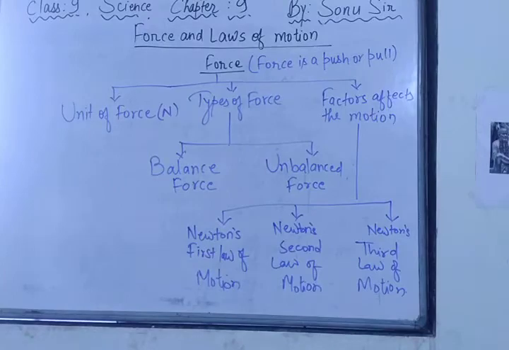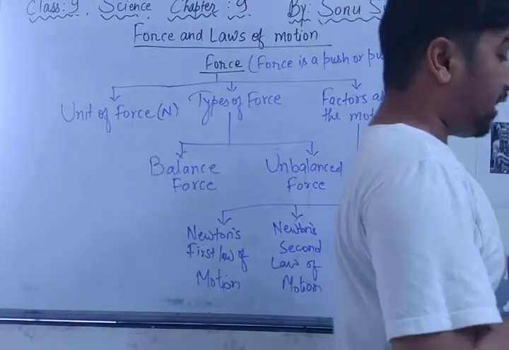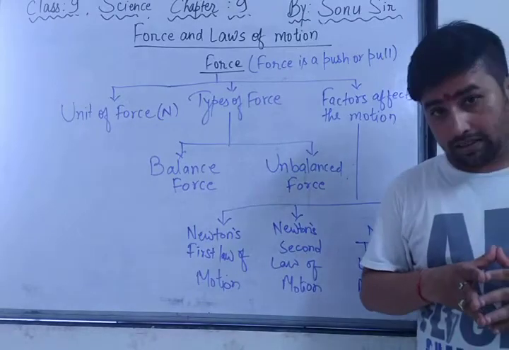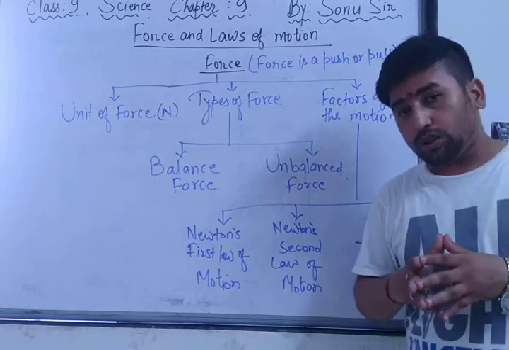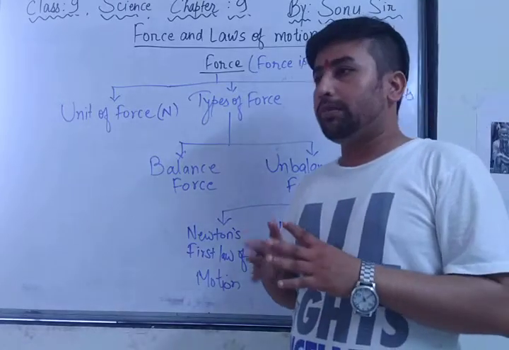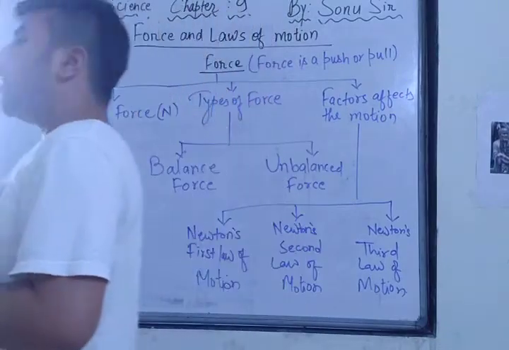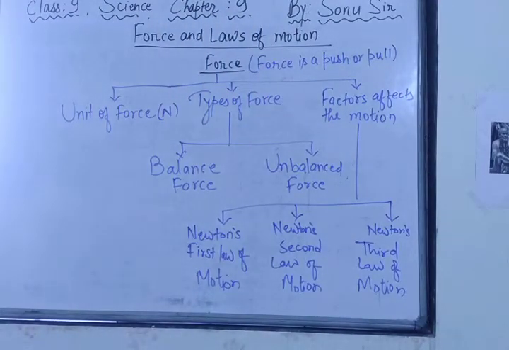And a physical quantity in which only one thing is there, either magnitude or direction, generally only magnitude and no direction, is known as a scalar quantity. So force is a vector quantity and its SI unit is Newton. The CGS unit of force is dyne.